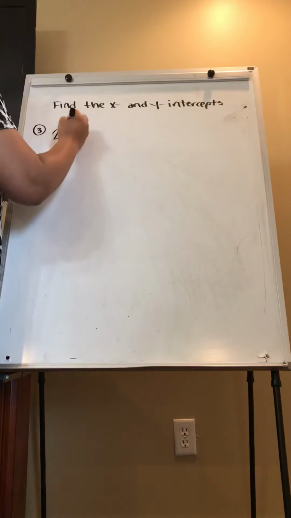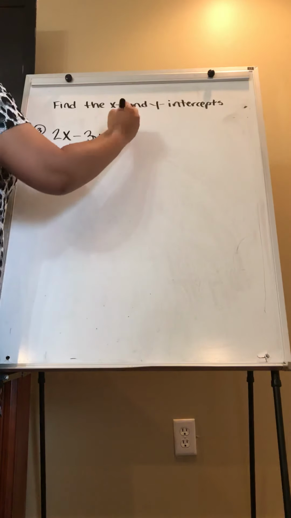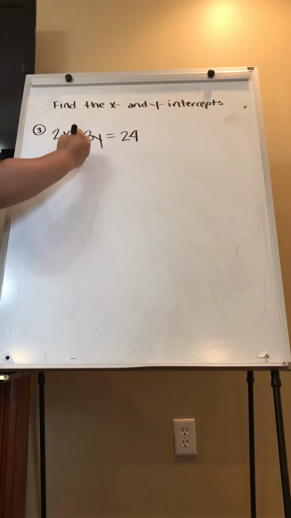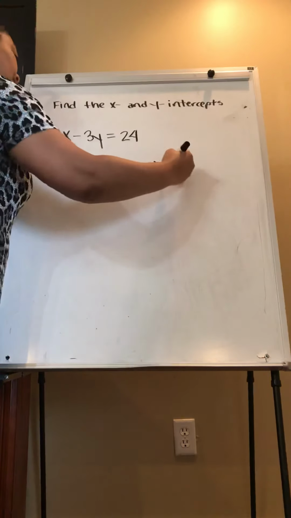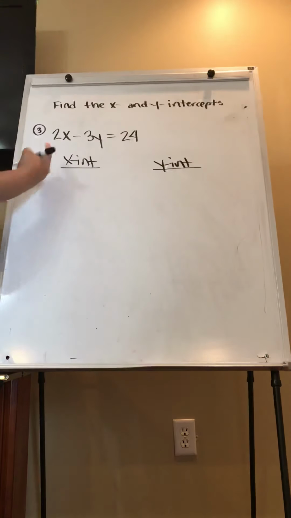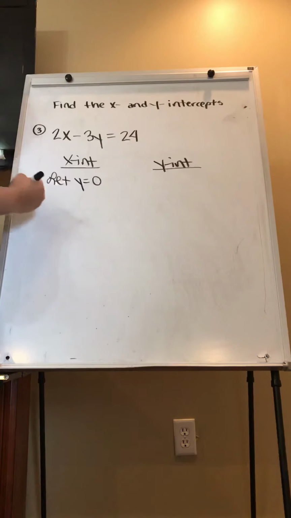Third example, 2x minus 3y equals 24. Find that x-intercept and the y-intercept. To find x, we're going to let y be 0.